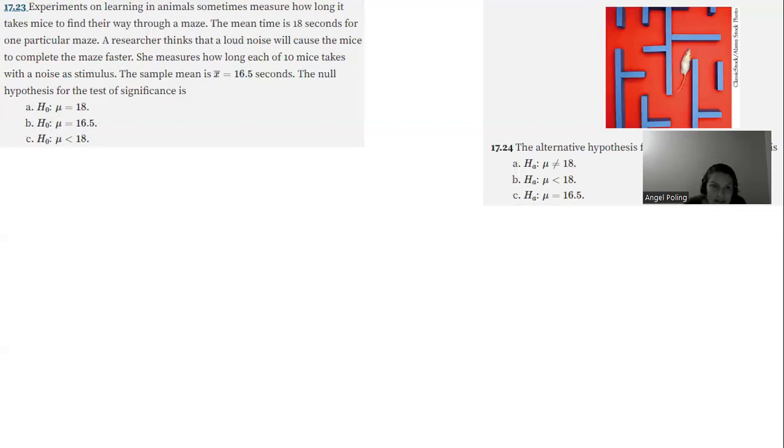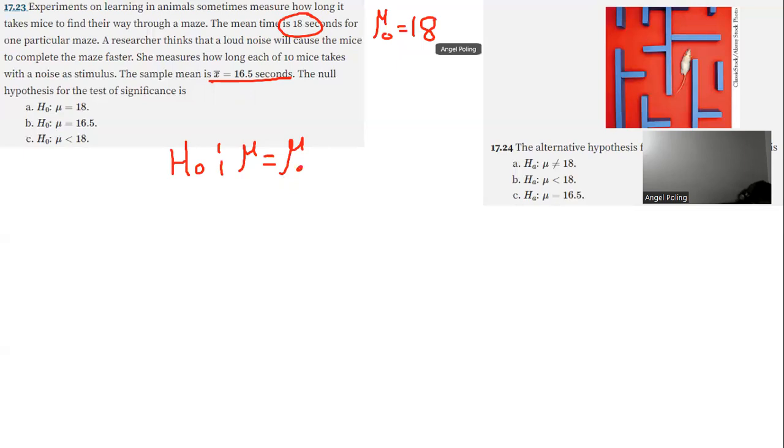The null hypothesis for the test of significance is, now the null hypothesis is such that mu equals mu naught, not x bar. So mu naught is 18.